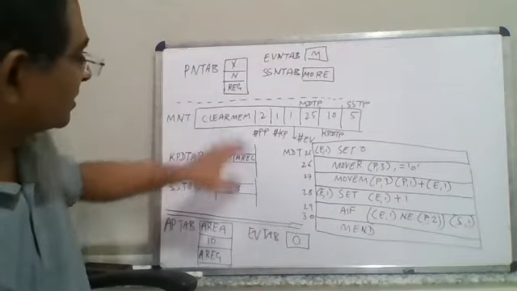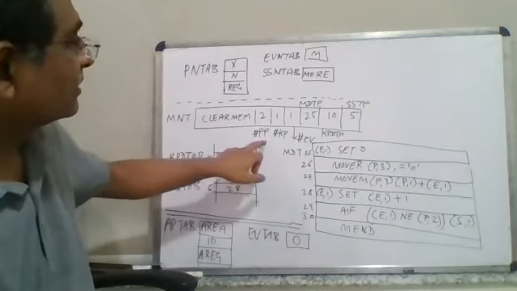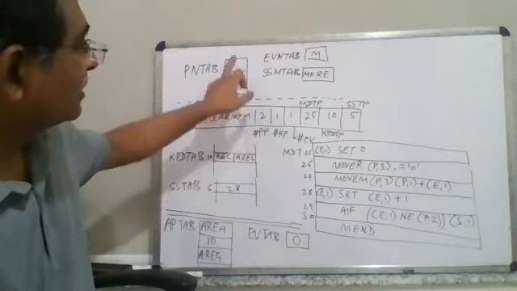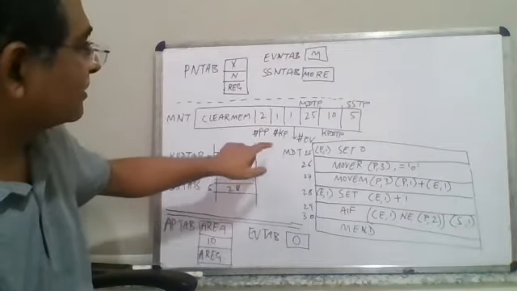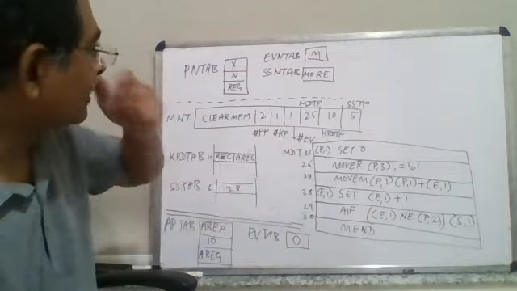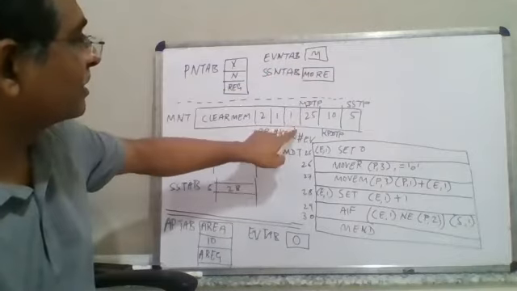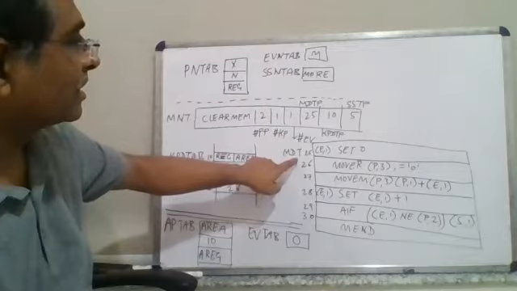So now this name table is pretty much simple, and this other table is going to be in between. I mean there is one table which has the name of the macro, then the number of positional parameters, then the keyword parameter, which was REG with some value, right? So a REG, and there was one EV variable, then MDTP. MDTP is the MDT table pointer.